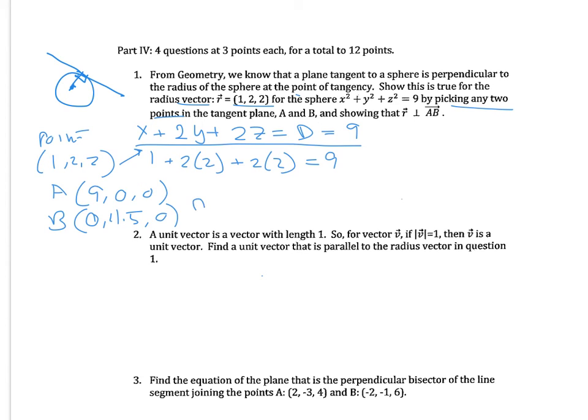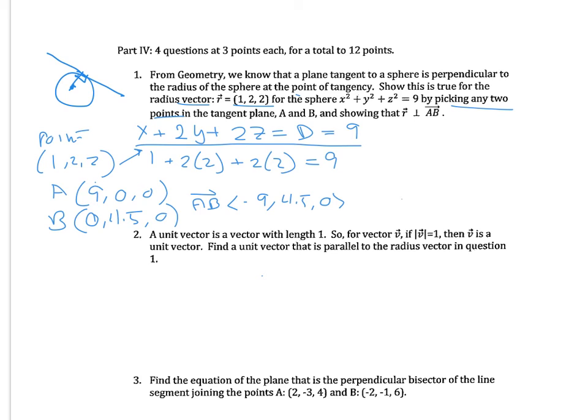From those, I'm going to form the vector AB. This goes from A to B, taking B's coordinates and subtracting A's. So that would be negative 9, 4.5, and 0.